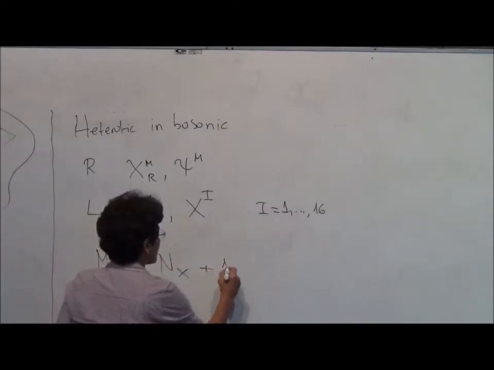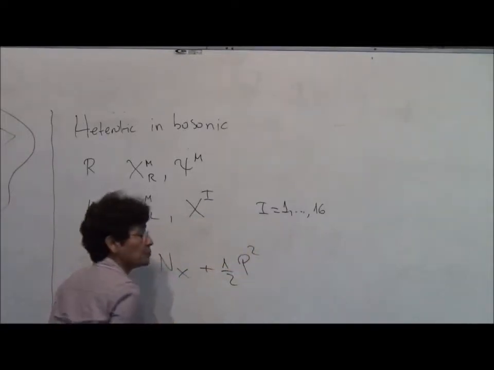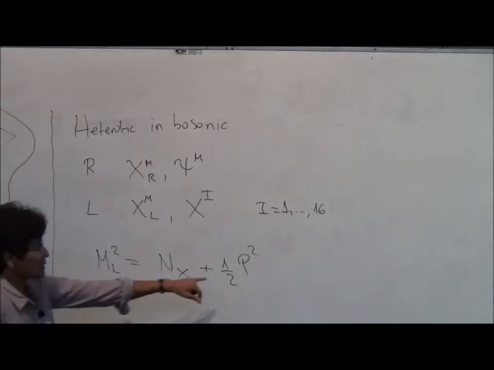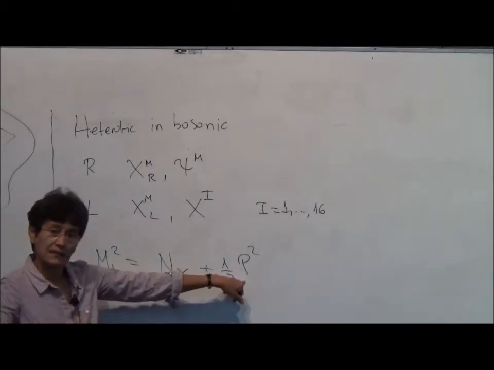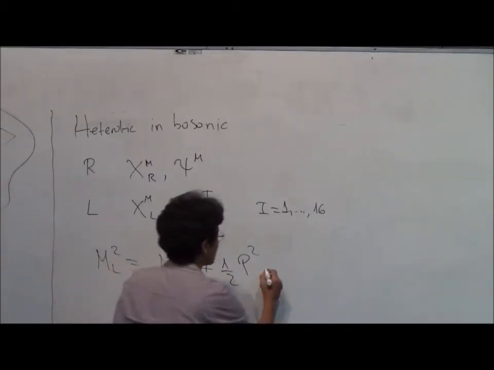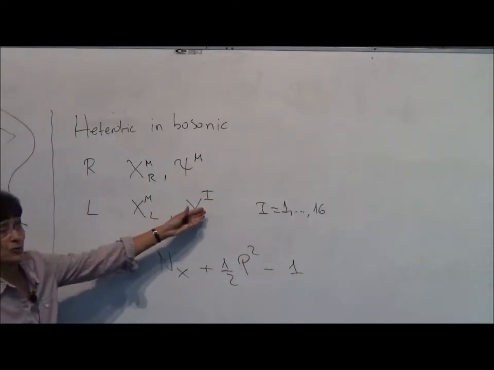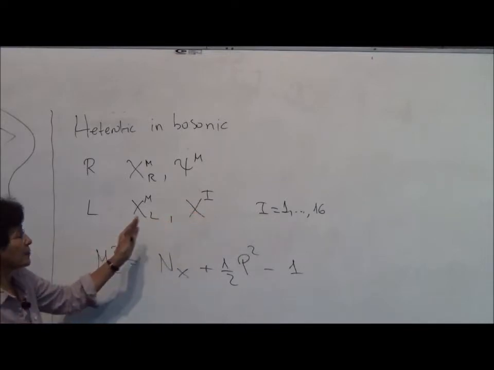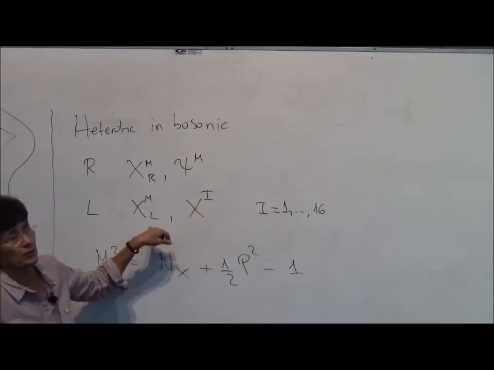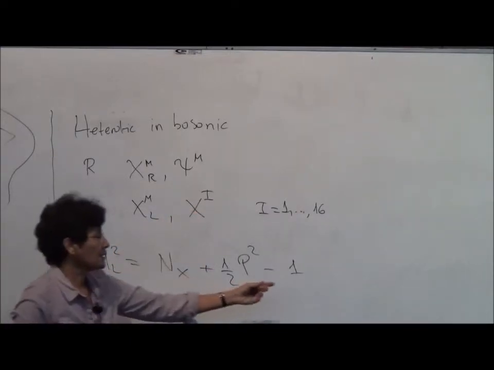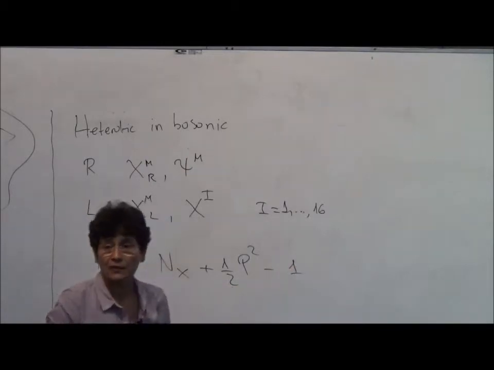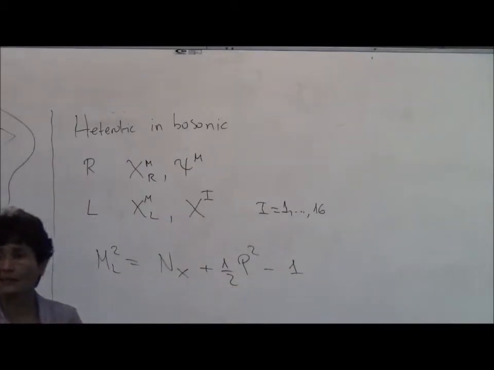And then there is some one half P squared, where P is a momentum in this lattice. And here there is a -1, just because this is like a bosonic string, 24. You count, these are 16 plus 8, 24. And this is the usual -1 in the bosonic string that you can recompute as an exercise.